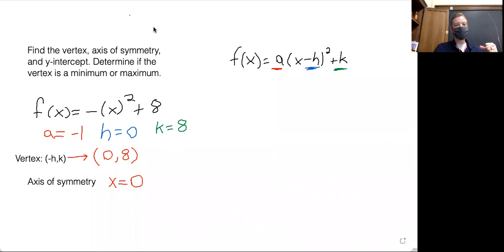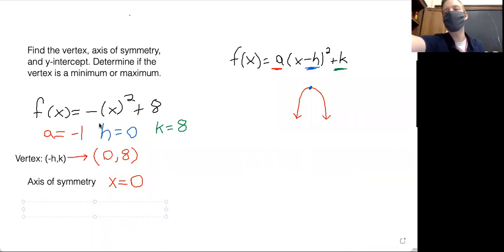So let's draw a quick diagram over here on the side. If our graph opens down like this, then the vertex is going to be up here at the top. And so the vertex is going to be a maximum if it's up at the top right here. So we just want to explain what we were just thinking out loud.